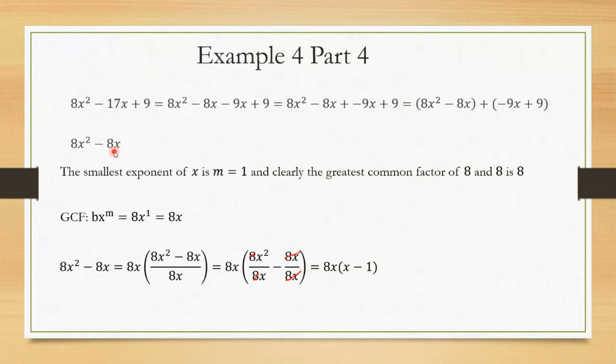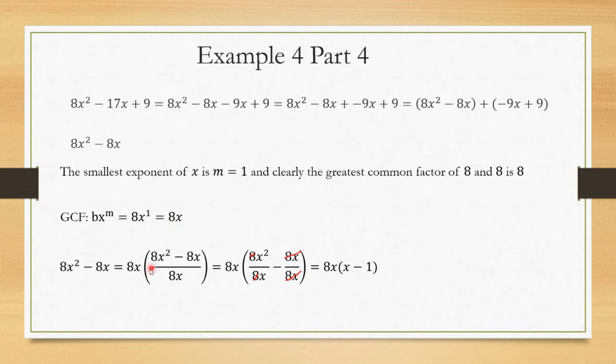Now the coefficients here are 8 and 8, but the greatest common factor of that is just 8. So our GCF is going to be 8 times x to the 1, which is 8x. Any number and itself are going to have the same factors. So the GCF is 8 times x.